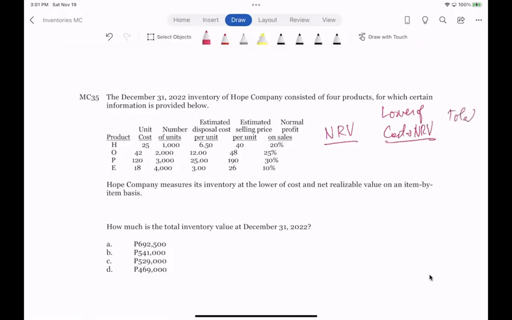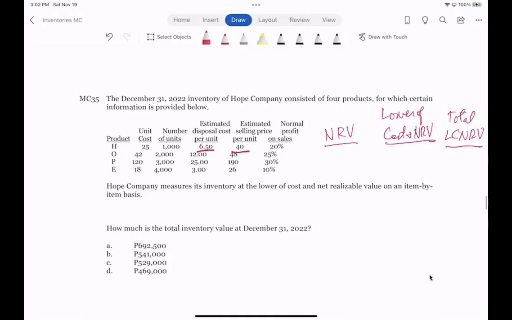Total, lower of cost and NRV. Okay, so for H, we have 25, 1,000 units. We have estimated selling price of 40 minus 650. So that is 3350.